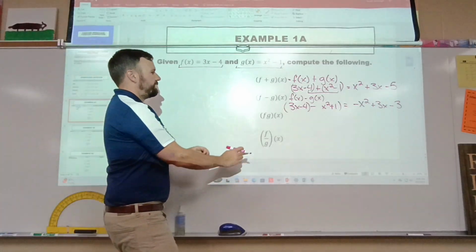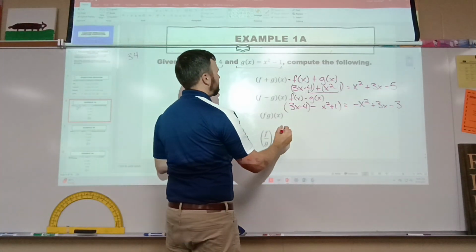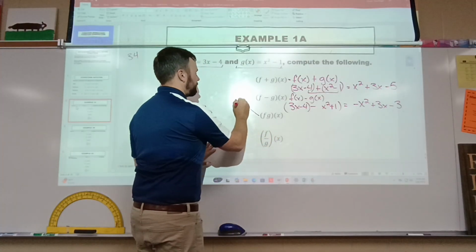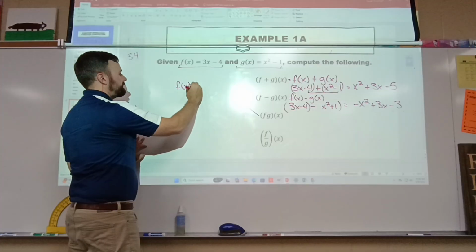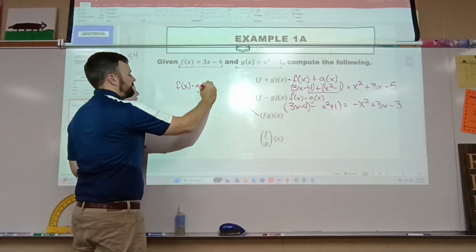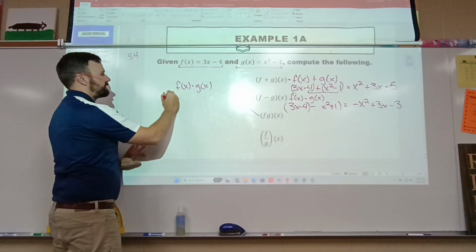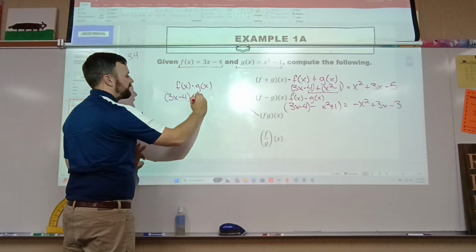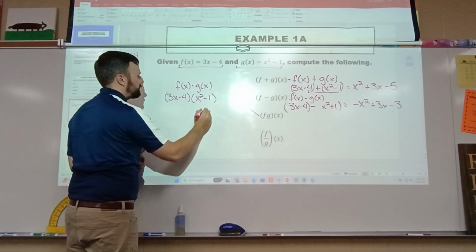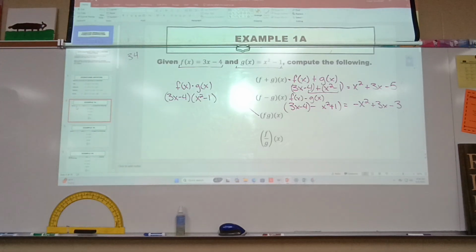All right. So what do I do if I multiply my functions? I'm going to come over here for this one because I'm running out of room. I would do f of x times g of x, right? So my f of x is 3x minus 4. My g of x is x squared minus 1. We do have to simplify this one.